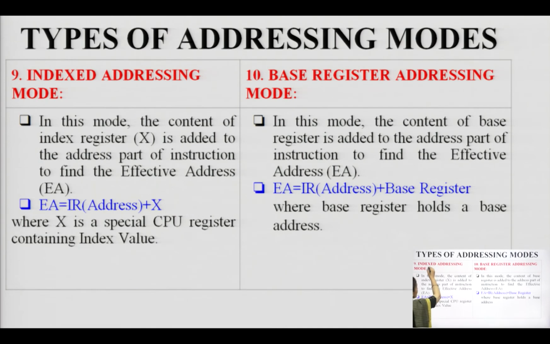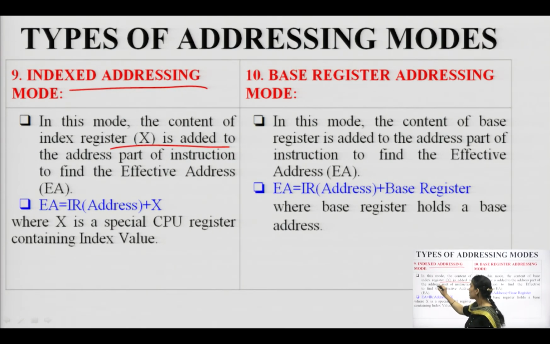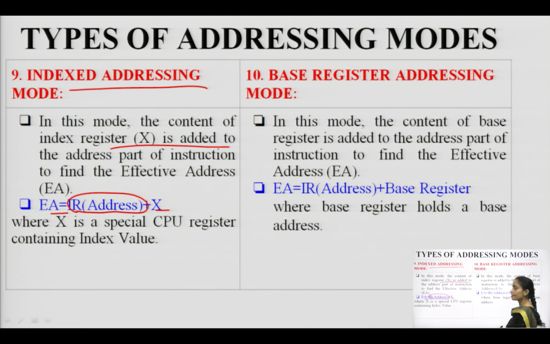Next, indexed addressing mode. In this, the content of the index register is added to the address part of the instruction. So my effective address will be whatever I have in the address field of IR, added to the content of the X index register, where X is my special CPU register containing the index value.